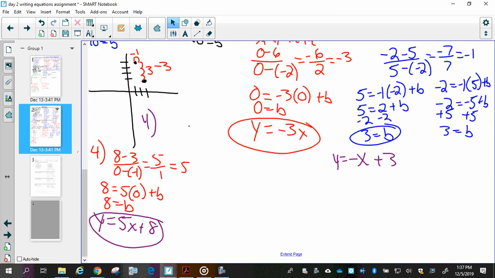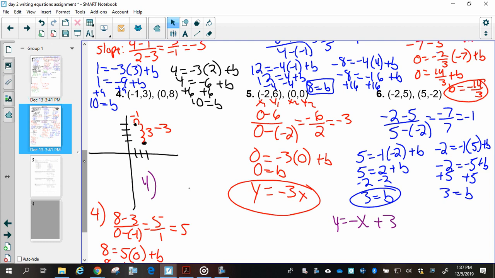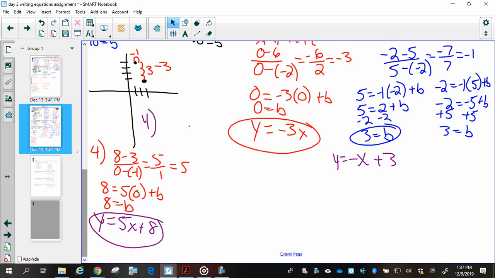For number 4, your slope was positive 5. After you picked a point, I used 0, 8. When I put 0 in, this gave me 0, and I found that b was 8. So your equation was y equals 5x plus 8.